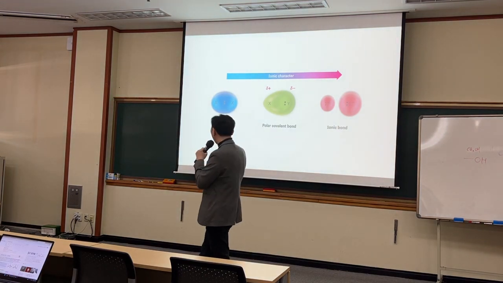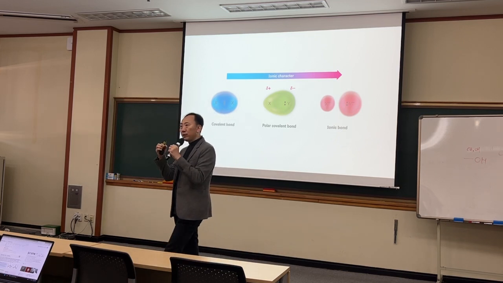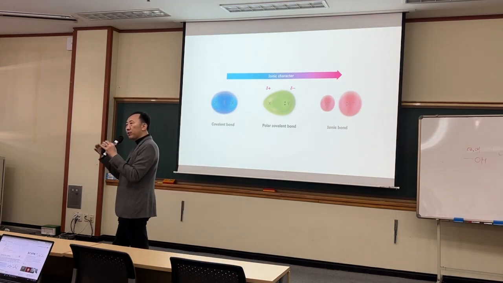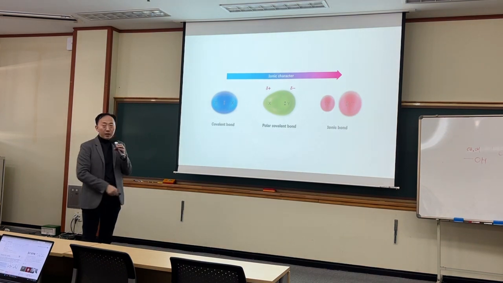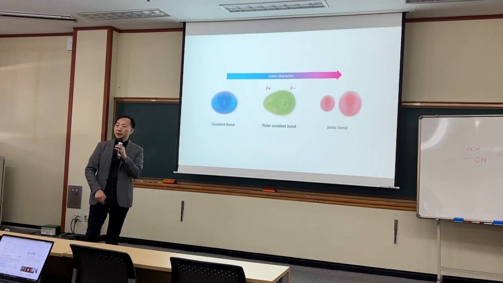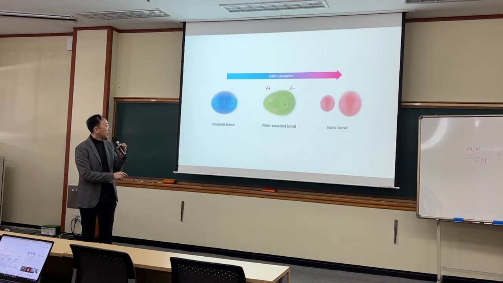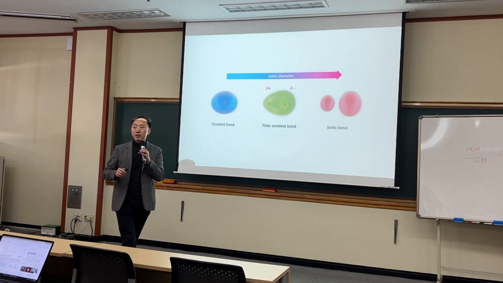They are sharing the electrons around here. That's not a hard ball, it's a kind of soft ball. Partially they share the electrons, but there is charge separation, so one part has a little more charge than the other, giving a partial negative charge and a partial positive charge.